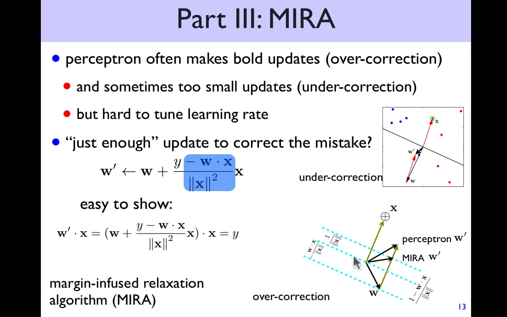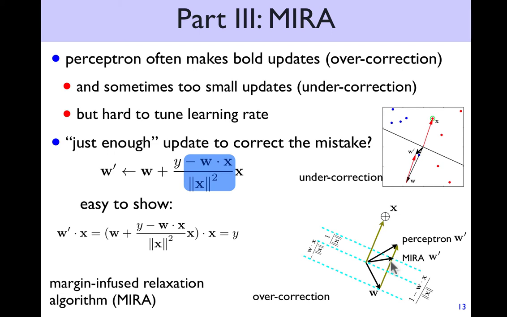If you just want to correctly classify this example, then updating to somewhere here is enough. But then the new weight vector would be orthogonal to this positive example X. That's probably not enough. You probably need to be a little bit safer, allow some margin, some safety net, a buffer zone.